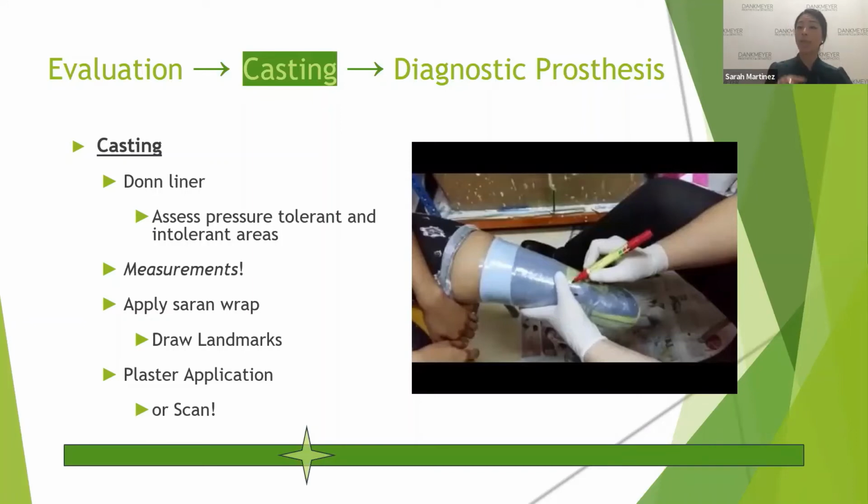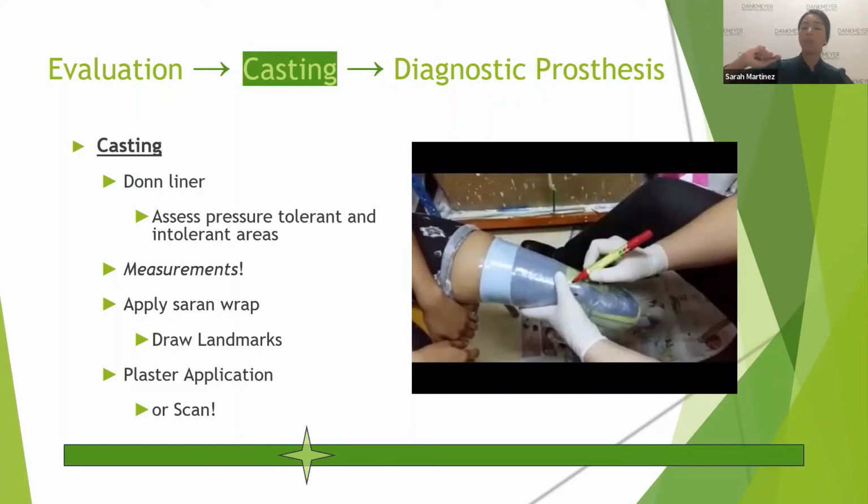We put saran wrap around the liner so that we don't dirty the material with our plaster of Paris once we wrap the patient. But what you're seeing right now is a prosthetist drawing landmarks.